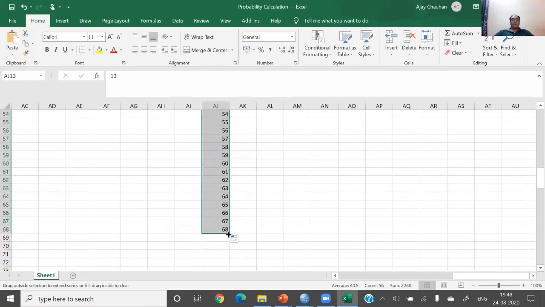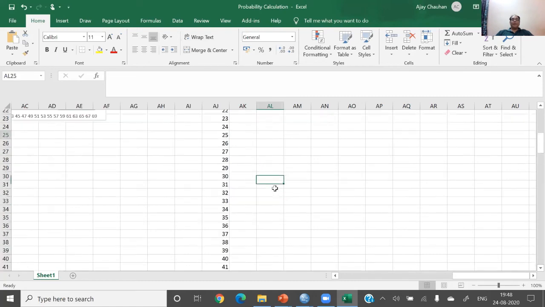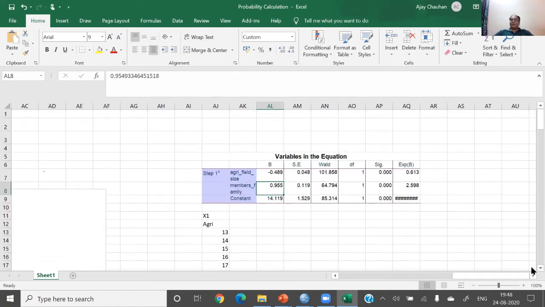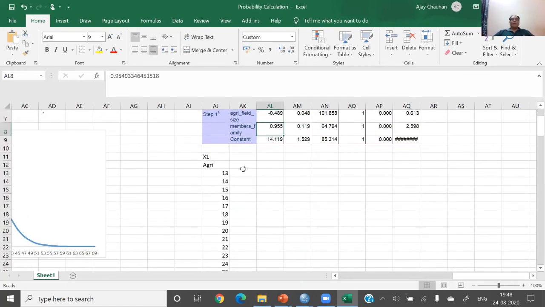Now see the trick, because now I'm going to show you the trick. The x2 is members of the family, and this is my z. Suppose the family has only two members.